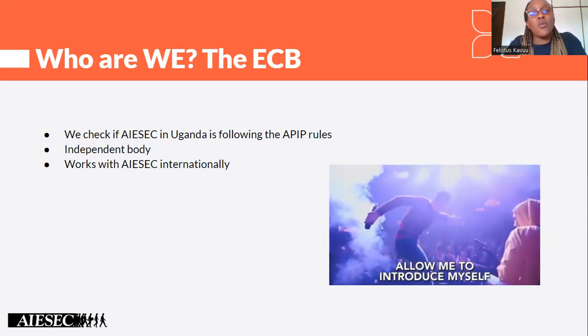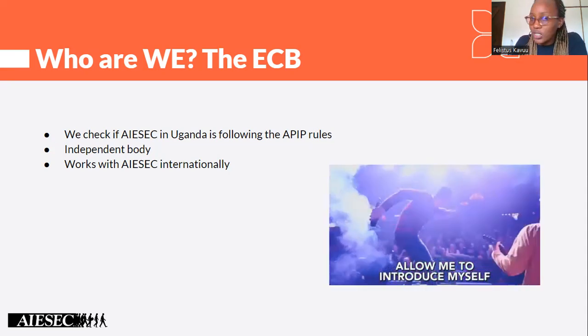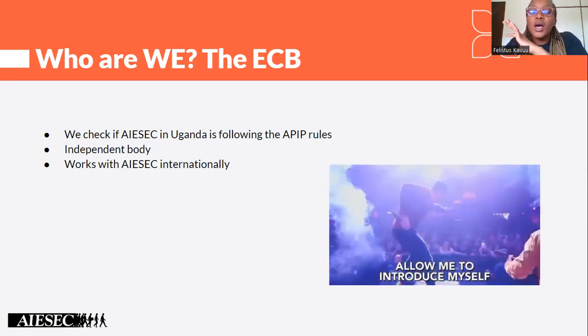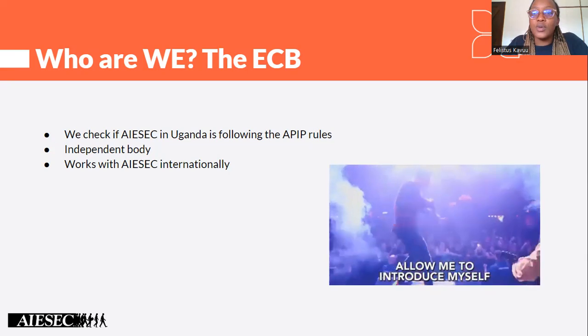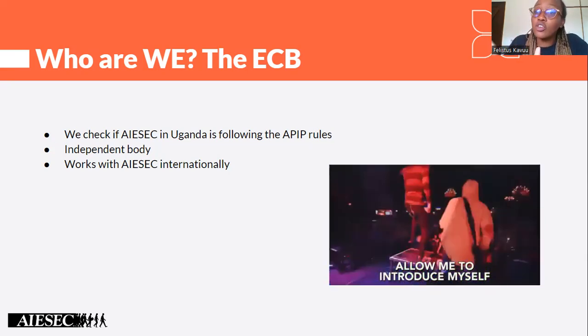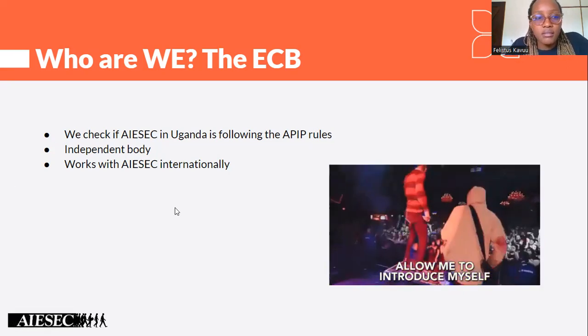Like Global Volunteer, what are the minimums? How should that program be run? Global Talent, Global Teacher, how are they to be run? For iGV, for oGV, for iCX, for oGX. So it's the guiding document, and it is from that document that the ECB is able to guide the entity.